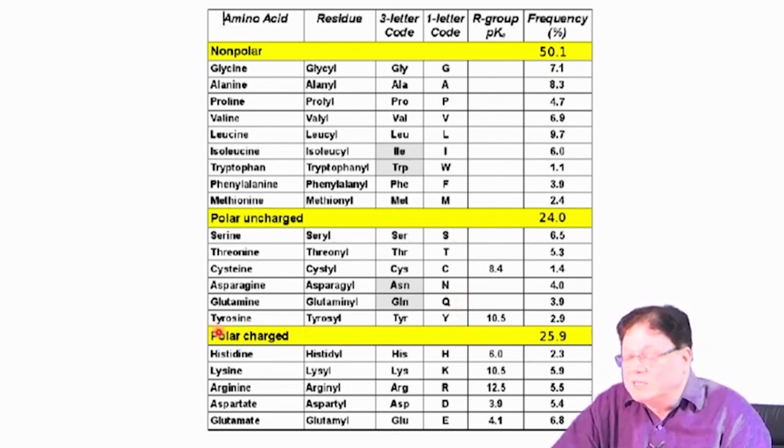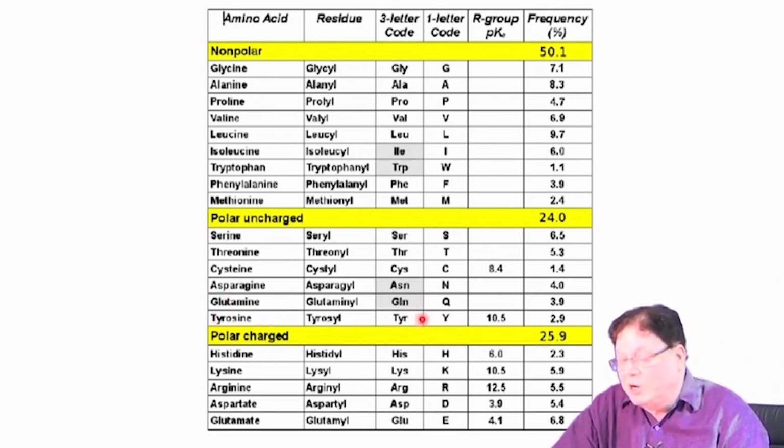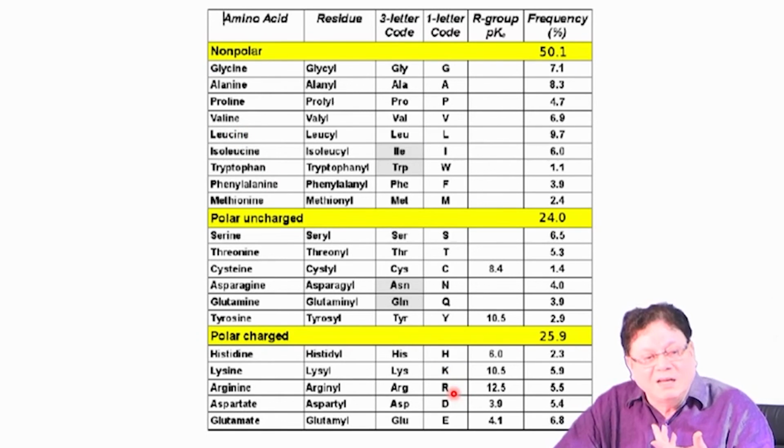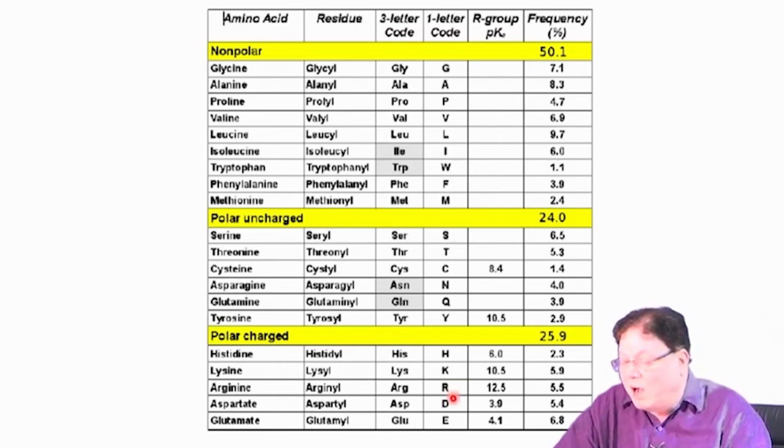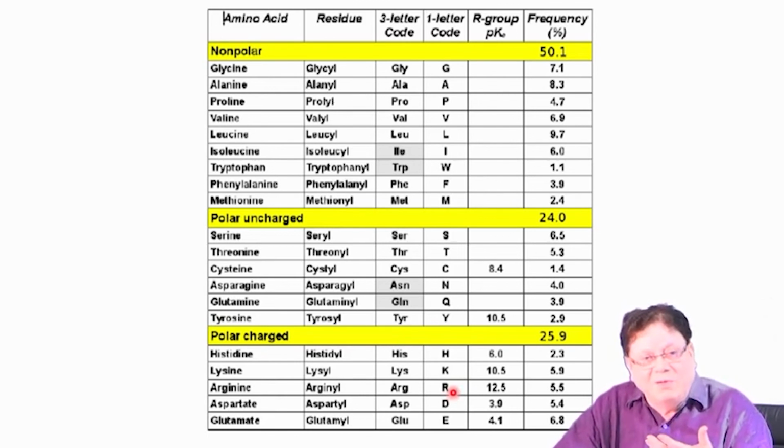They took the second letter of tyrosine, that is Y. And then you have histidine H, lysine K, because you have already reserved L for leucine. And arginine, the pronunciation is like R, so you have R. These are, as I said, mnemonic devices.